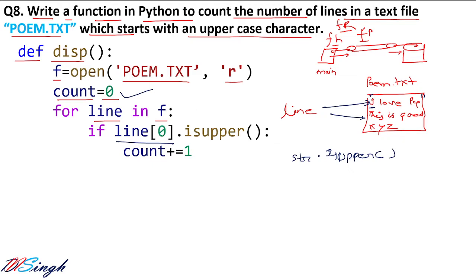Like that you do up until what point? Till you get the end of file. So all the lines are exhausted, you come out of the loop, and at the end count will have the number of all such lines which are starting with an uppercase letter. I hope you understood this particular example, a very simple one.